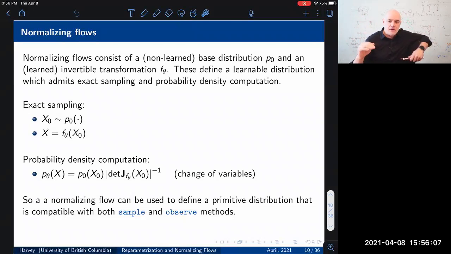So make sure you get that stuck in your head, that there is a difference between those two things. The idea that these distributions P theta X are compatible with sample and observe means that you can sample from them and you can evaluate the likelihood. And that is not always the case for every distribution.